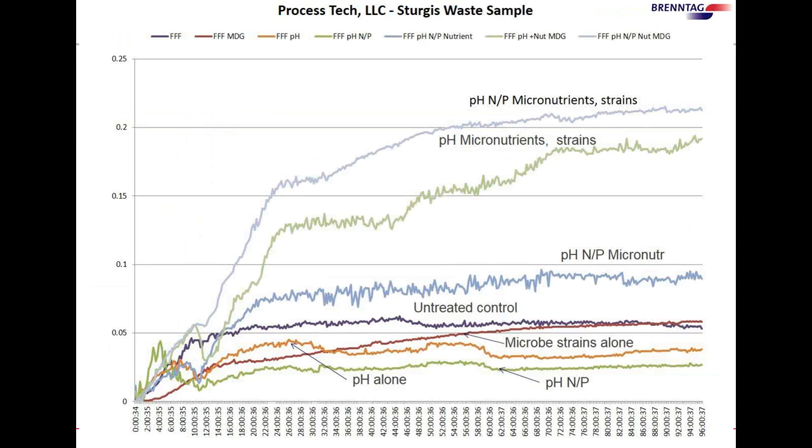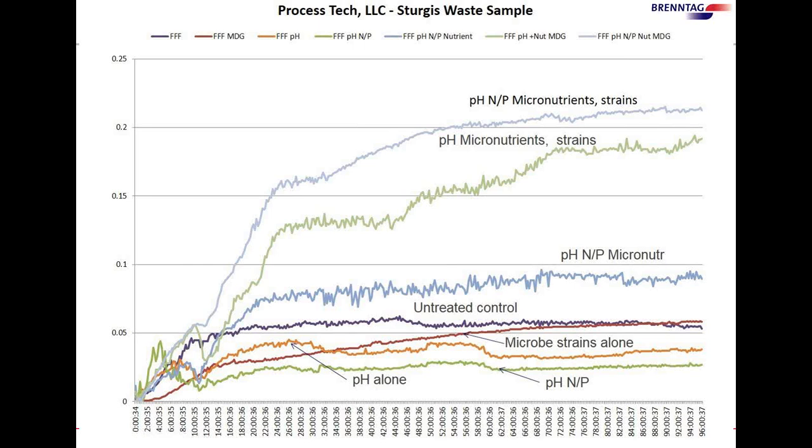Okay, this slide's probably my stellar slide to talk to you about today, and this would be a bug growth test we done. And this was the client, Sturgis, Kentucky, and we were going to do a biological bioaugmentation program, which we are doing today.